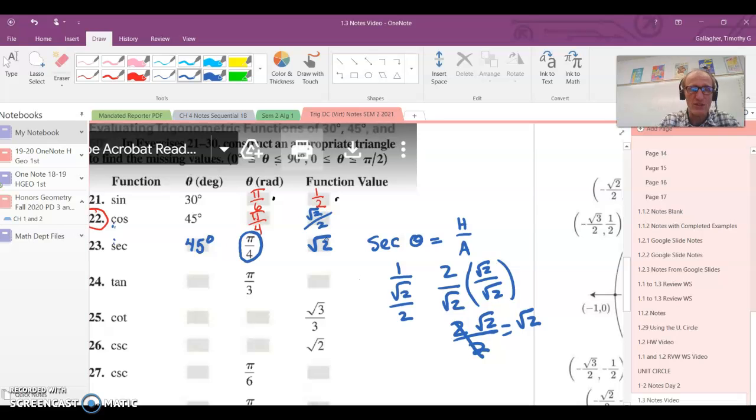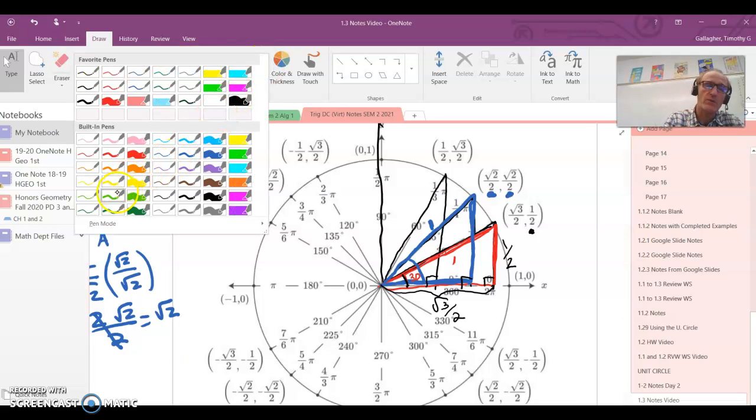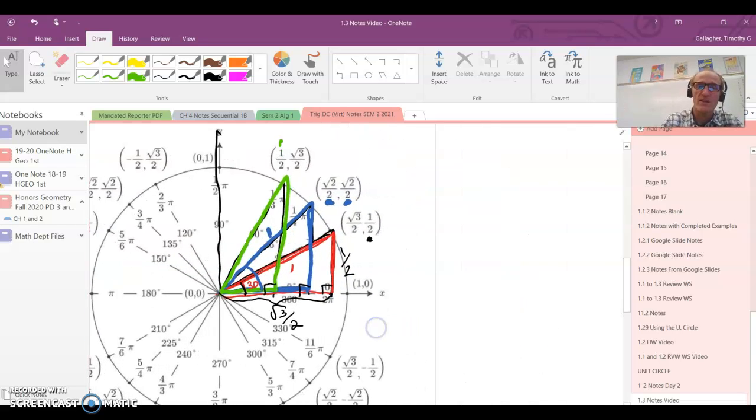Alright, so the tangent now of pi over 3. Now that pi over 3 triangle is right here, see? Where this length here is 1/2. And this length here is the square root of 3 over 2. Now, just that green triangle, if I took it out, I'd have a right triangle here.